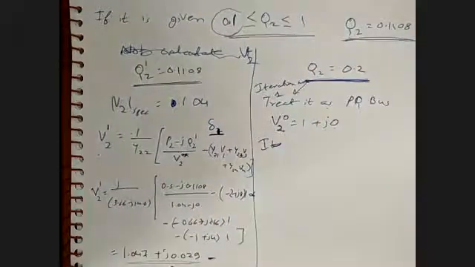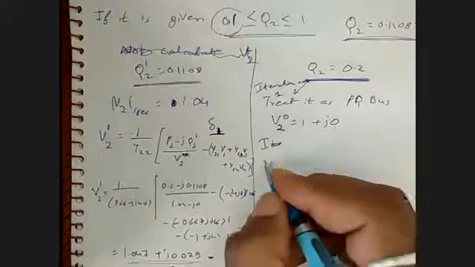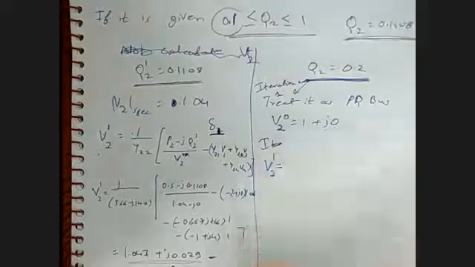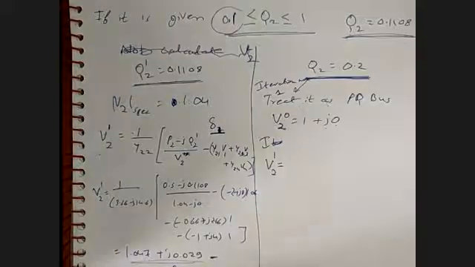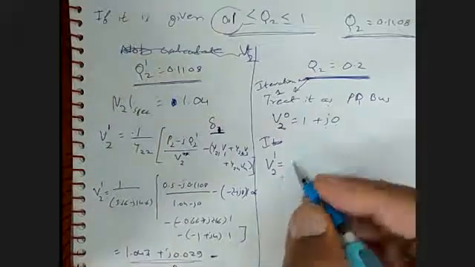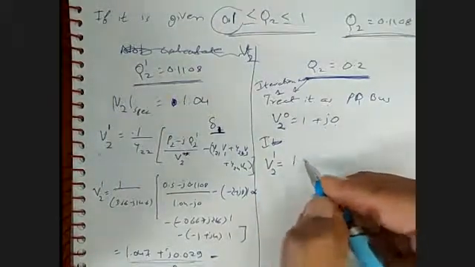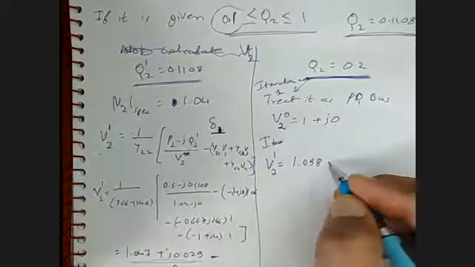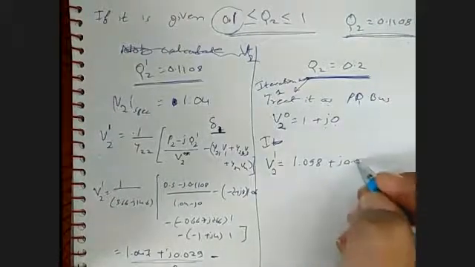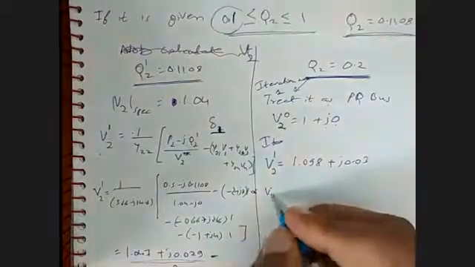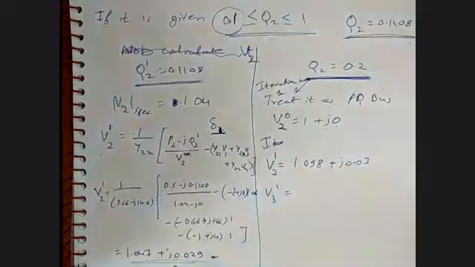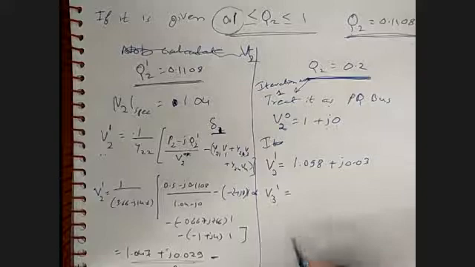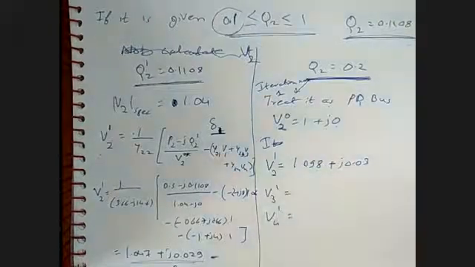And with the help of this, we will calculate V21. Then it will come out to be 0.98 plus j0.03. Then we will calculate V31 and similarly we will calculate V41.